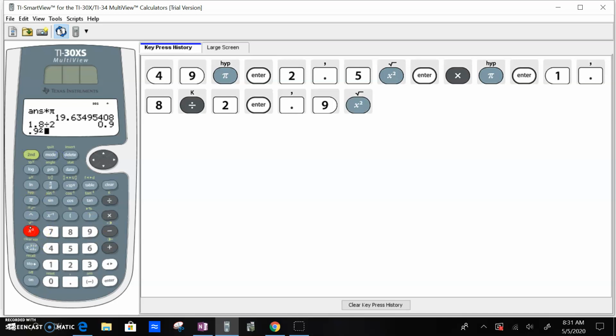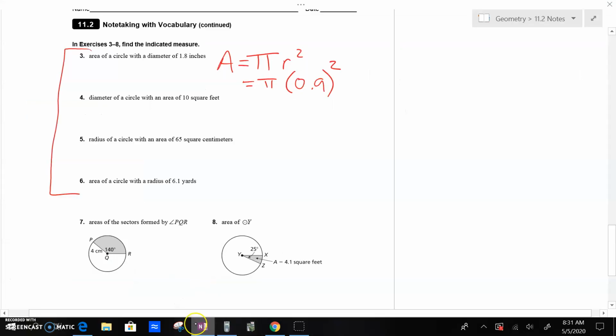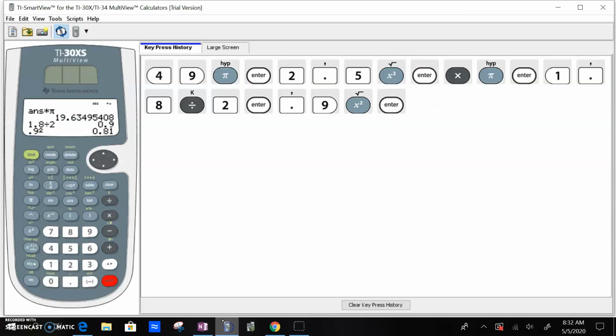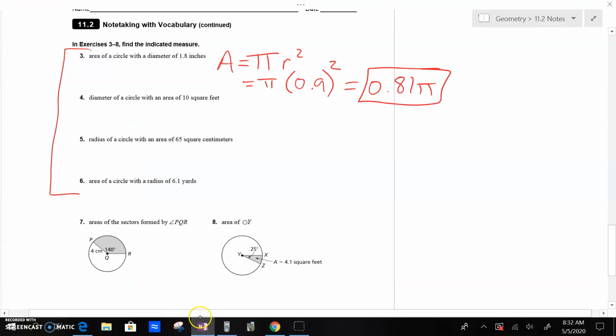Well, 0.9 squared would be 0.81. If we were asked for exact, that's 0.81 pi. But we can also multiply that 0.81 by pi, and we get 2.544. So we'll say 2.5, and we're going with inches, so inches squared.